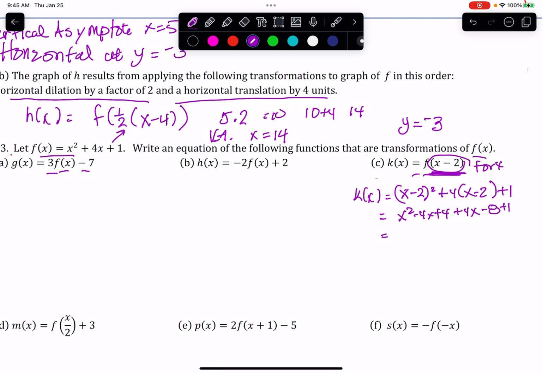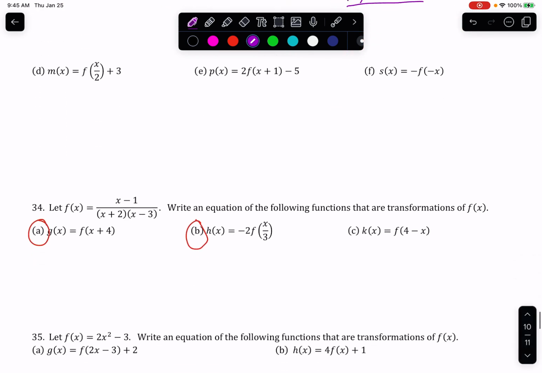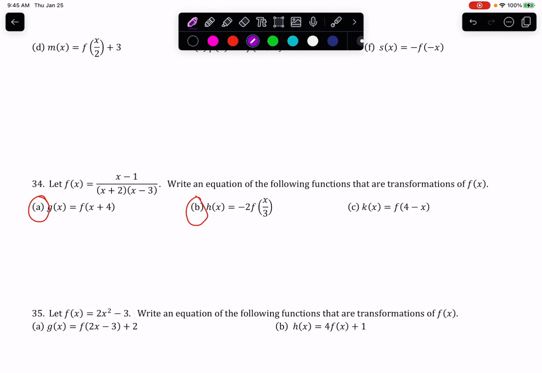The 4x terms cancel, and you have 5 minus 8, which is -3. So k of x is x squared minus 3. So that was 33C.